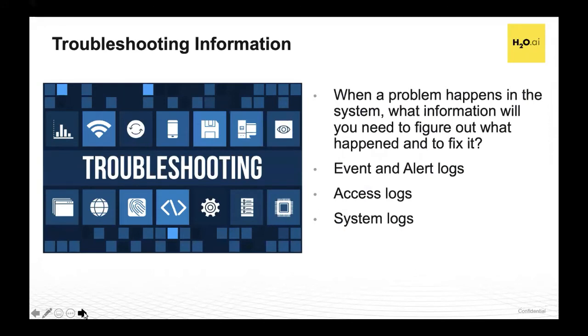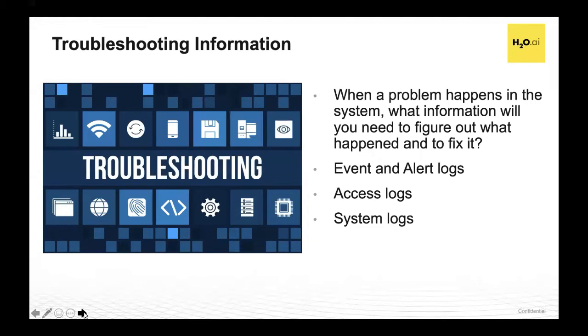I think one of the aspects of model lifecycle management that people don't think about but should is troubleshooting and the next step, which is kind of failover. So one of the aspects that you should be looking for in MLOps is, do I have the information that I'm going to need to troubleshoot production issues?